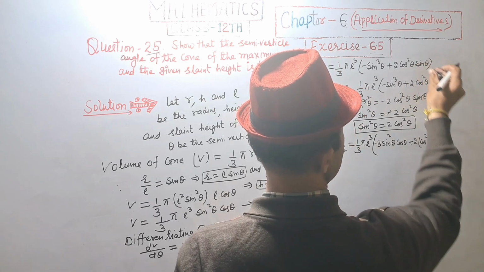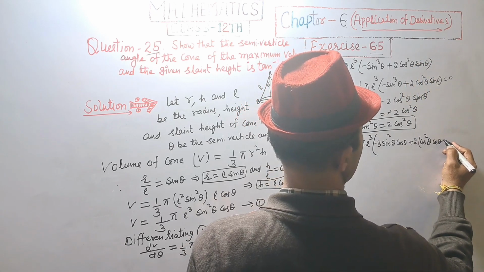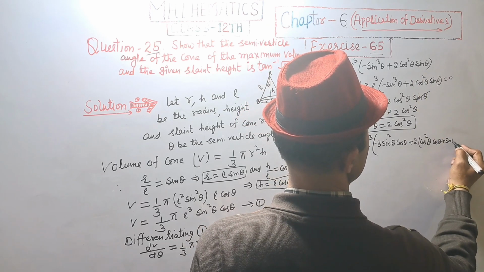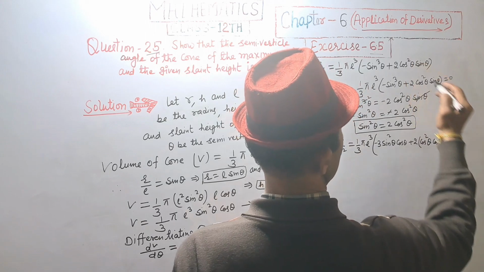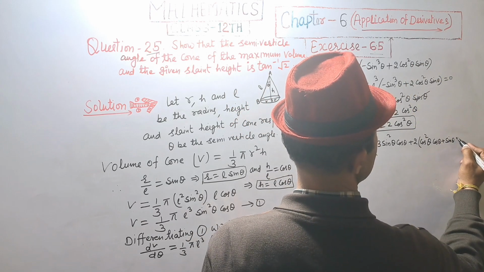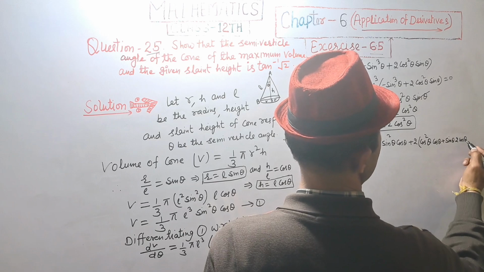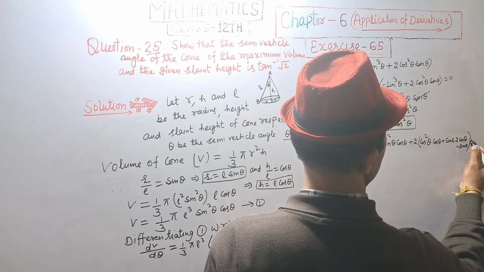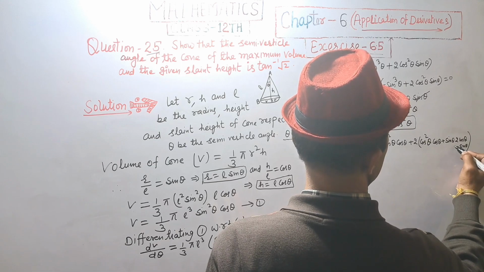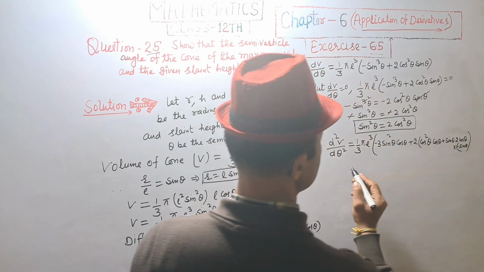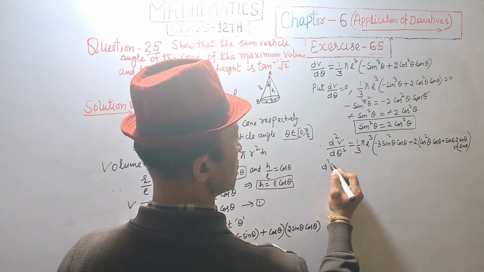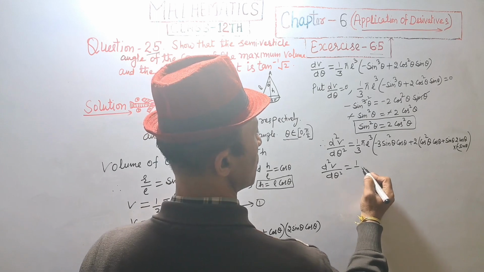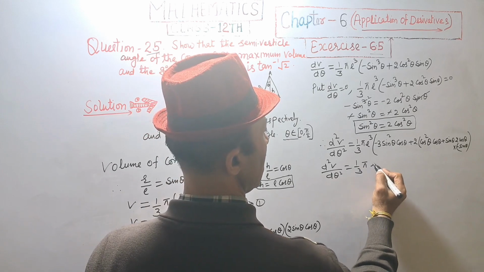First function as it is, derivative of second, plus sin theta as it is into differentiation of cos square theta, that is 2 cos theta into minus sin theta.